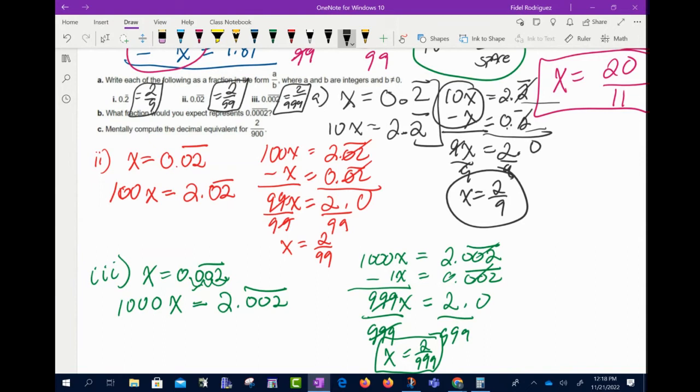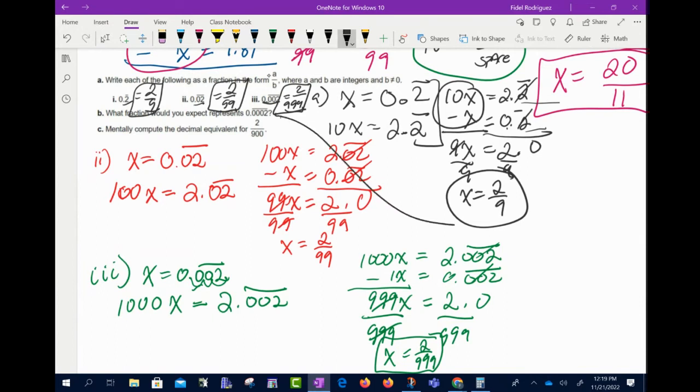When 02 was repeating, it was 2 over 99. When 0.002 was repeating, it was 999, right? So again, if I notice there's 3 digits here, I have 3 9s. If there's 2 digits there, I have 2 9s. If there's 1 digit there, I have 1 9.